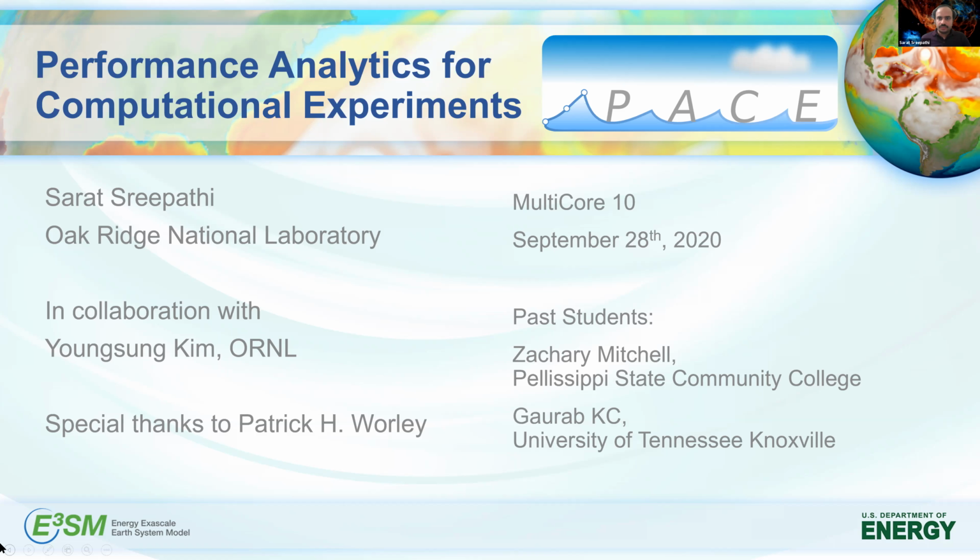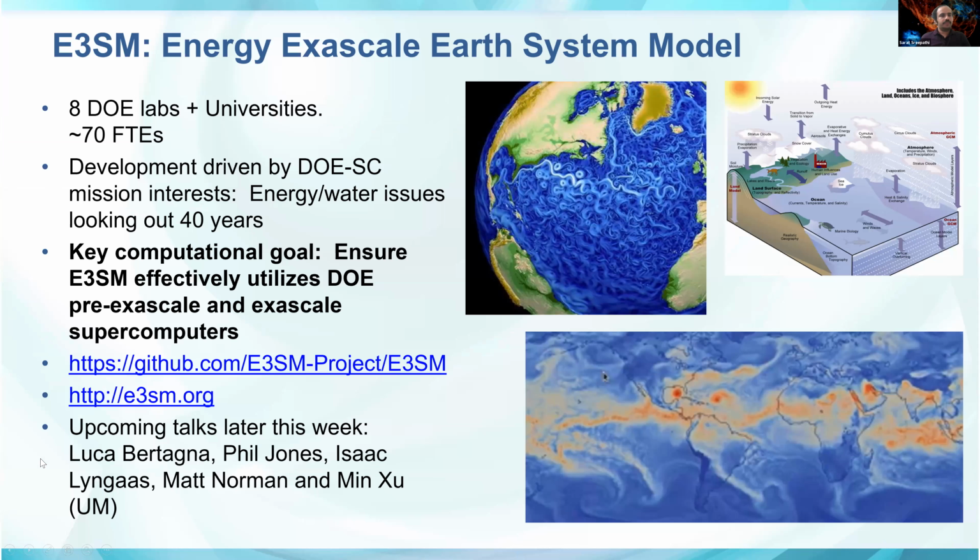Next slide. Okay. So in the off chance that you're hearing about E3SM from me, this is DOE's climate model. There are about 70 FTEs spread across 8 DOE labs and universities. The primary mission is to look at energy water issues for the next 4 decades or so.